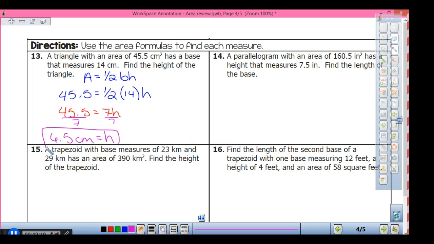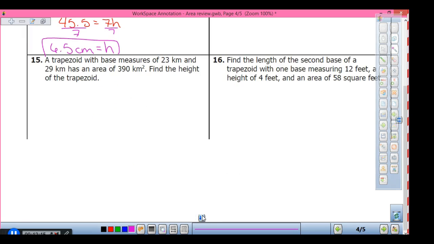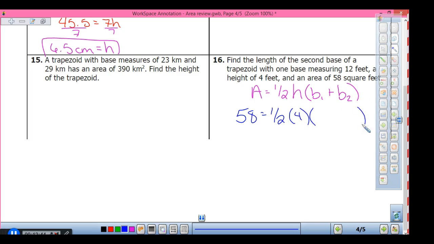Okay. Let's look at 16. It says find the length of the second base of a trapezoid. So trapezoid area equals 1/2 height times base 1 plus base 2, right? So now we can plug into that. What's my area? 58 equals 1/2 times, what's my height? 4. One of my bases is what? 12, and I don't know the other base, right? So 12 plus b.